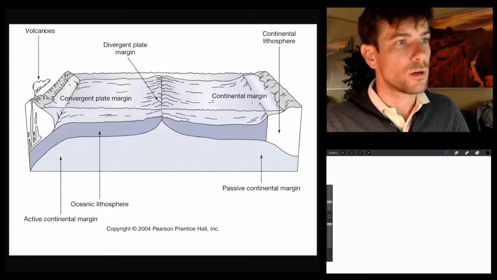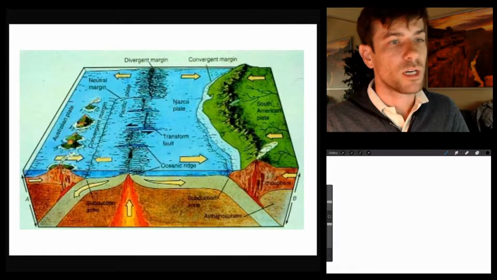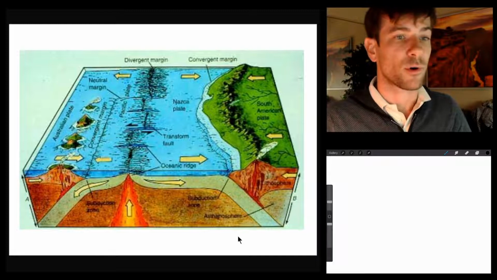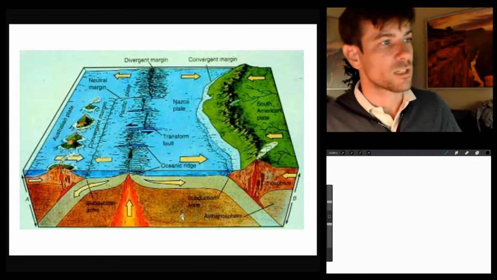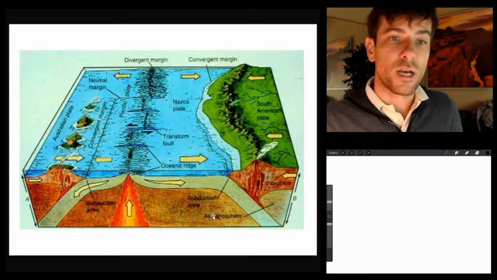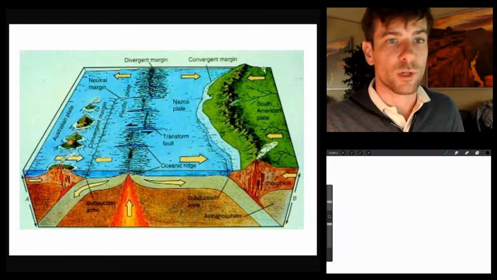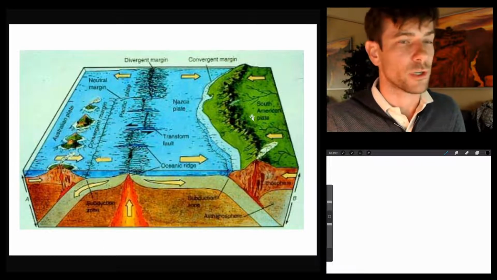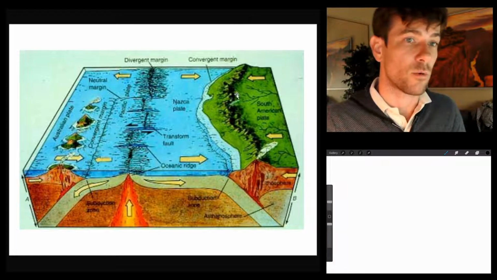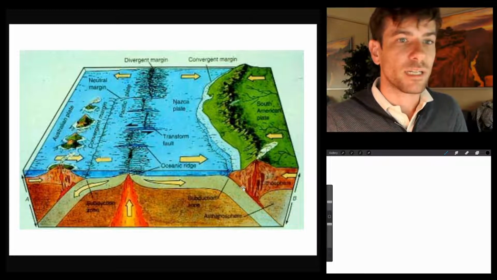So let's see, where are we? There we go. Here's yet another block diagram or cross-section diagram. I guess this is more of a block diagram. And so here we actually have a real distribution. We're looking at South America, like I mentioned earlier, and the Andes Mountains are a volcanic mountain chain that exists on the west coast of South America, down through Peru and Chile, and into Argentina, I suppose.